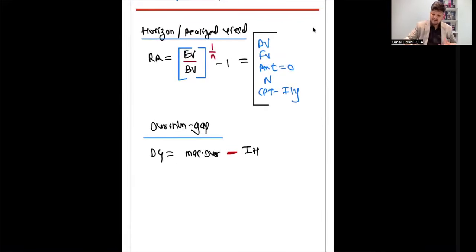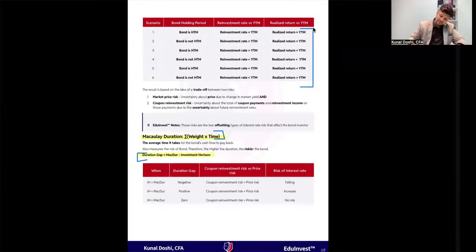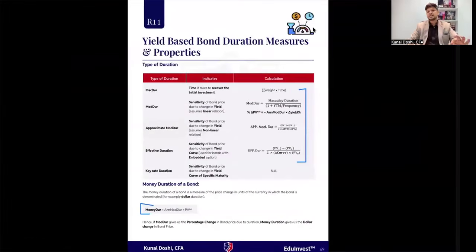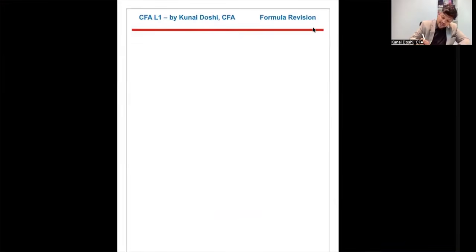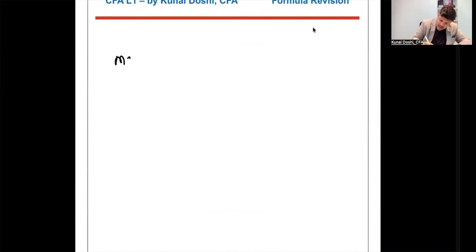Macaulay duration, very important. Are you ready for all the durations? Check and confirm. In the notes, I've clearly mentioned what is the use of duration. Macaulay duration is used to find what? The weighted average time it requires for a bond to repay from its cash flow. It's like a payback period.